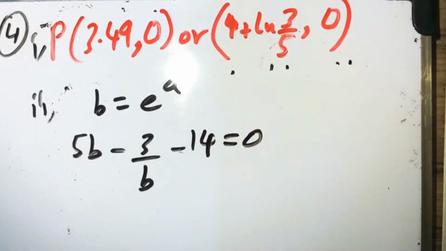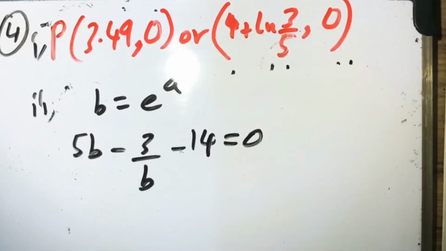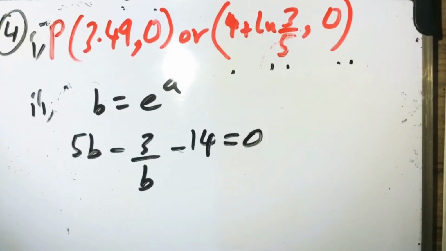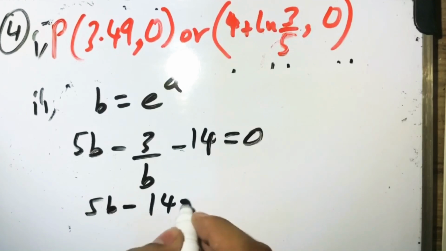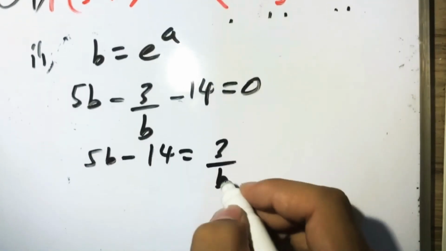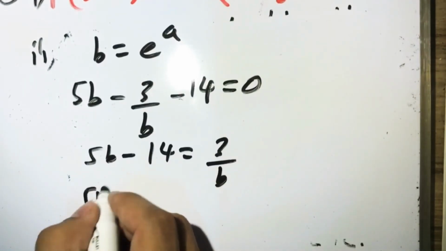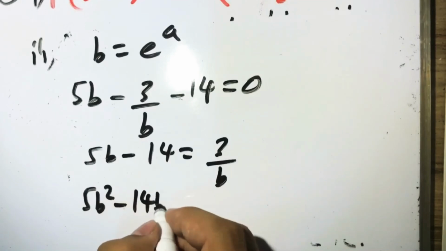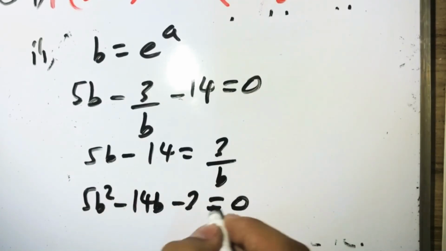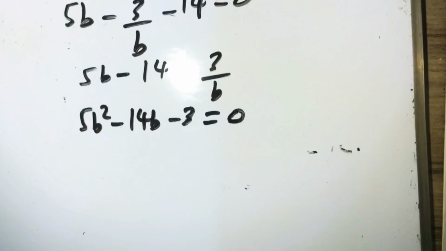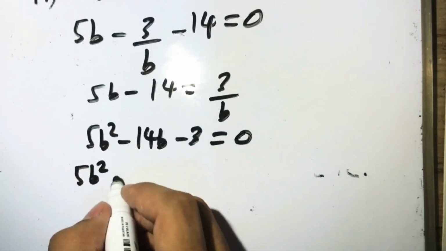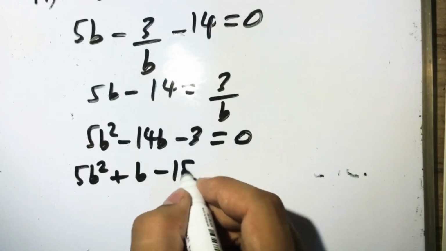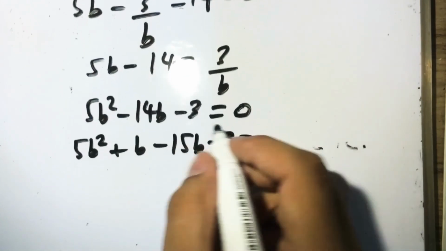Now we'll shift this on that side. 5b minus 14 equals to 3 upon b. 5b square minus 14b minus 3 equals to 0. So 5b square, 5 times 3 is 15, plus b minus 15b minus 3 equals to 0.